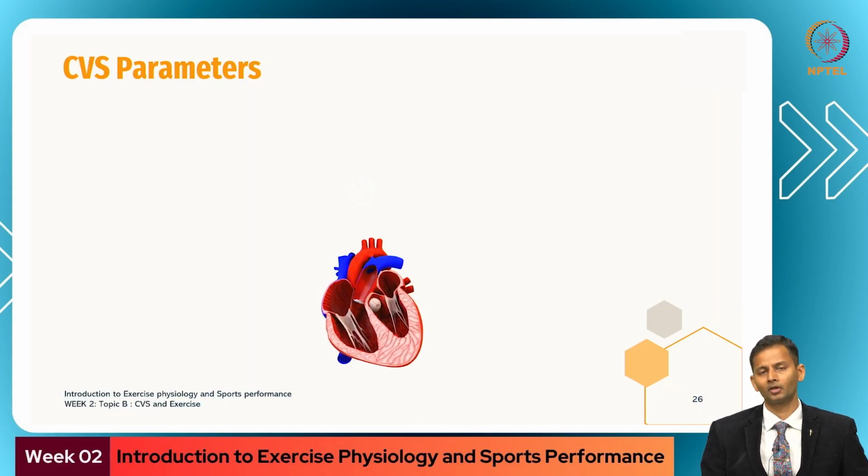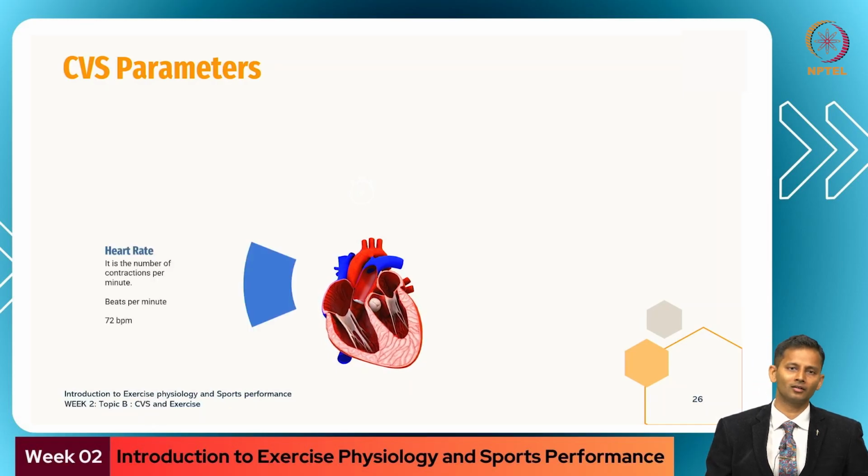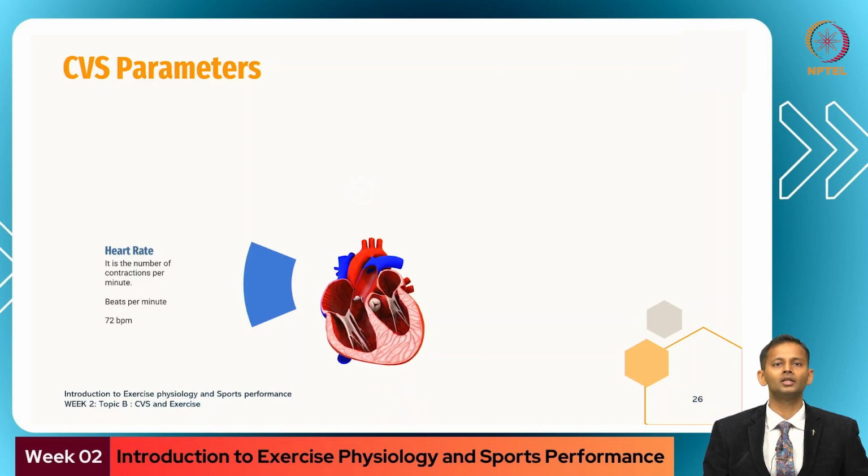When you speak of the cardiovascular system, you speak in terms of certain parameters to understand its effectiveness. The first thing we saw was the conduction system, wherein you have the contraction of the heart per minute, an automatic activity of specialized tissue called the cardiac cell. The specific point from which this automaticity, or impulse generation, happens is the SA node, or sinoatrial node.